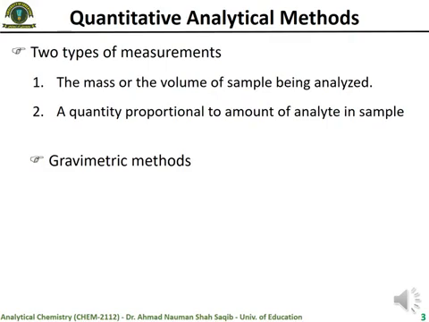For example, we have copper and we will precipitate copper by adding some chemicals, and we will collect that precipitate and measure the mass of the copper precipitate, whatever compound we are using. And then by weighing that precipitate we can analyze how much copper was present in that water sample. Such methods which involve measurement of mass are known as gravimetric methods.